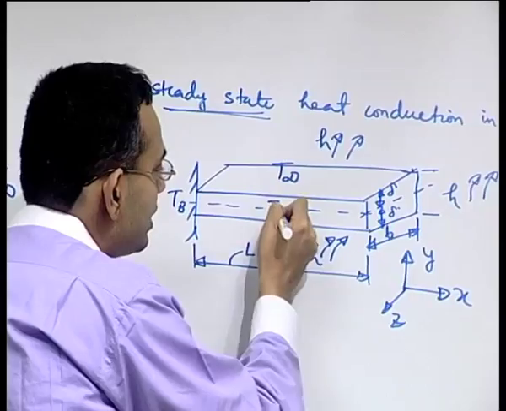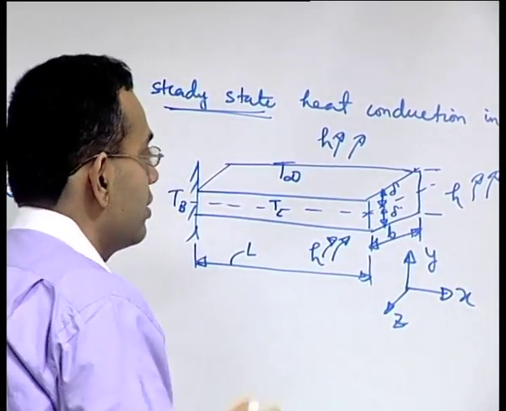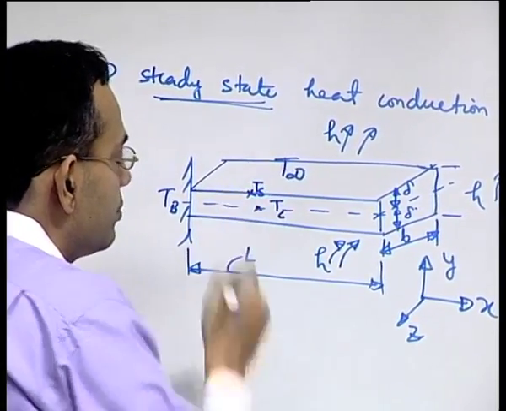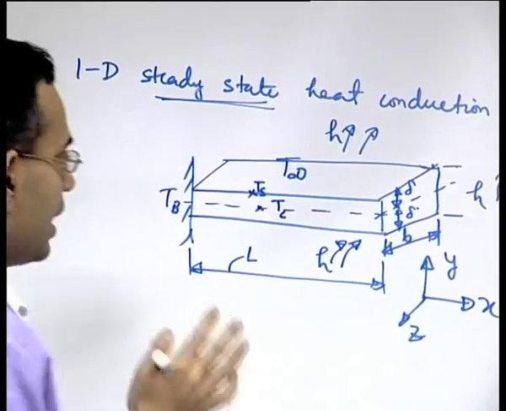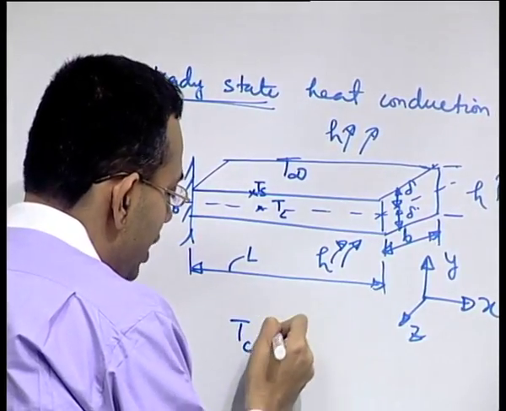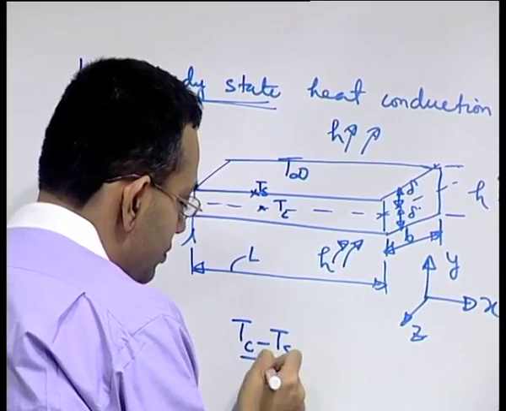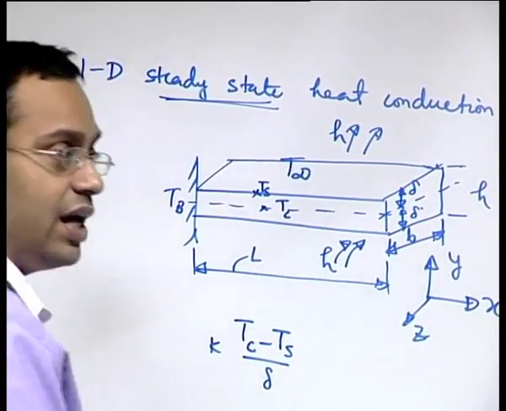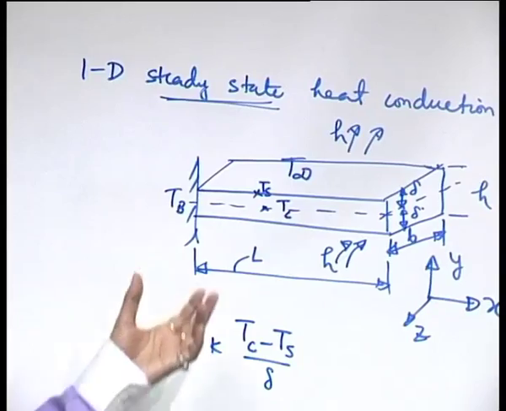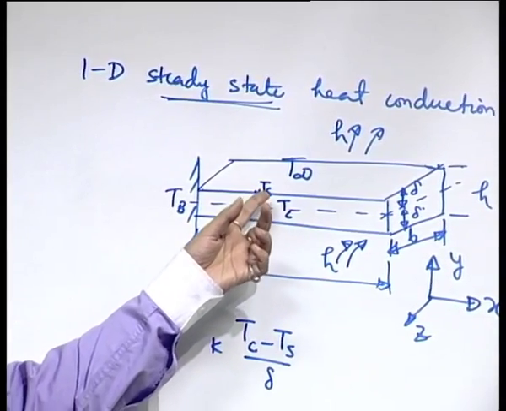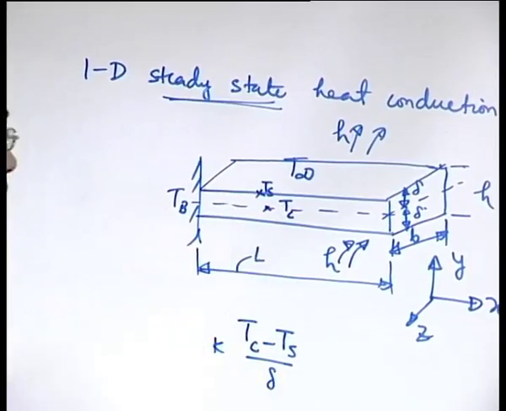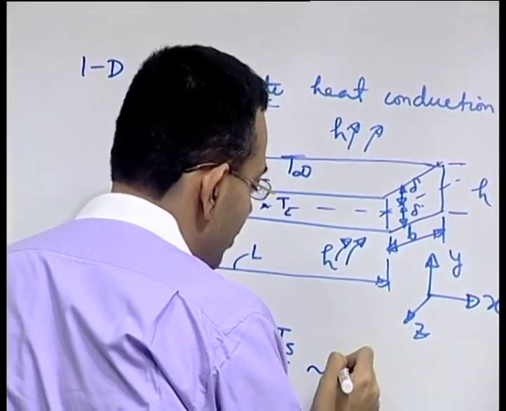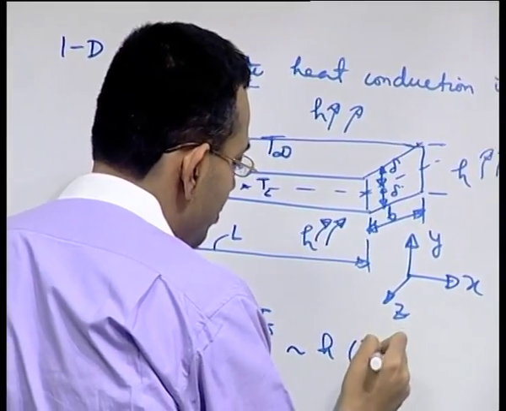Let us say Tc is the temperature of the center line of the fin and Ts is the temperature of the surface of the fin. So, we can make an approximate analysis: Tc minus Ts by delta, into K, is the heat flux due to conduction that goes from the center line of the fin to the surface of the fin. We are considering y direction heat transfer, that is of the order of h into Ts minus T infinity.